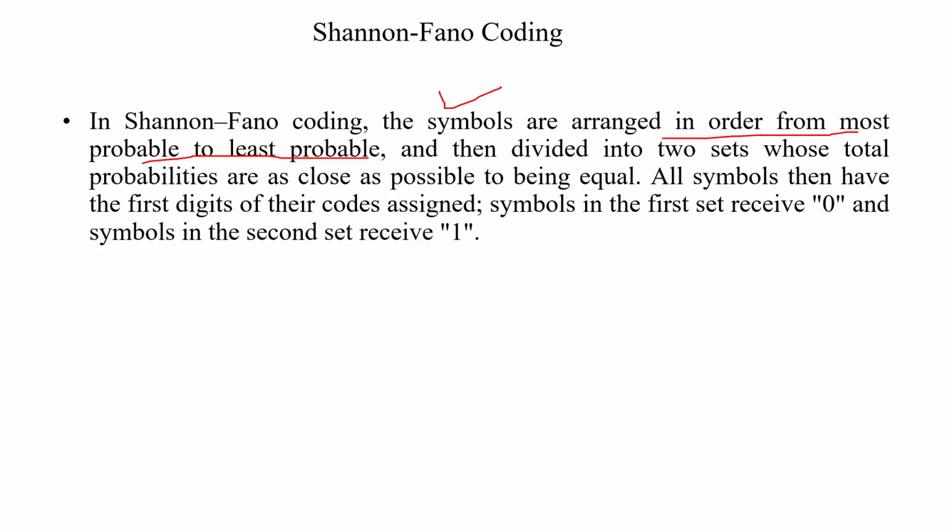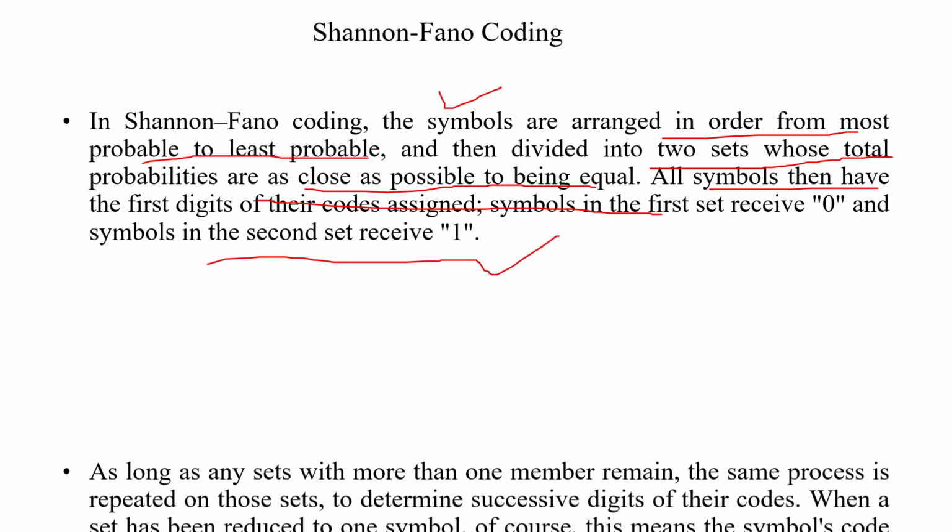Then we divide into two teams, team 1 and team 2, in such a way that the total probability of team 1 is almost equal, or very close, to the sum of the probabilities of team 2. For all symbols, the first digit is assigned one value, that is 0, for one team, and the other team is assigned another value, like 1.